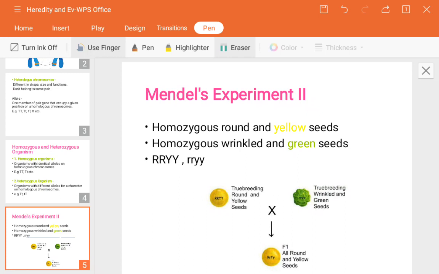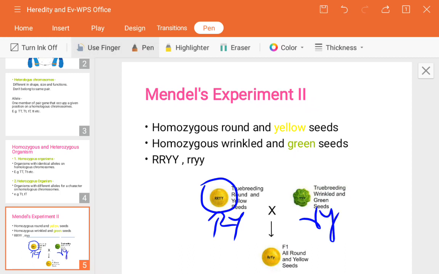So he just crossed them. Then what was the result? The result was capital R, capital Y, small y. How is it possible? Let me show you. It's very easy. You can see, initially he chose from this one the common one, capital R and capital Y, and from this one small r and small y.